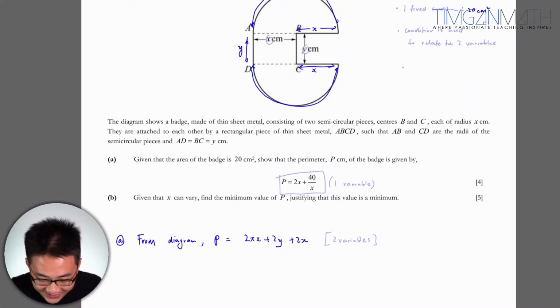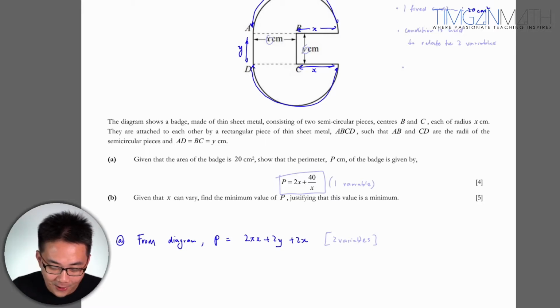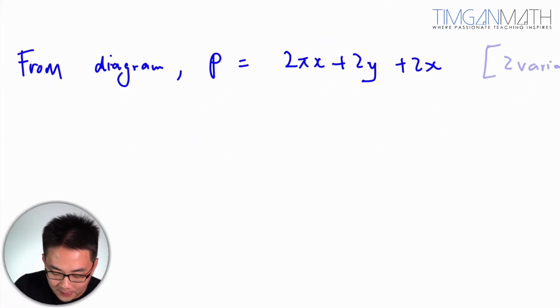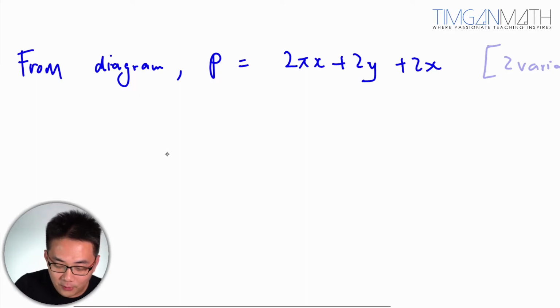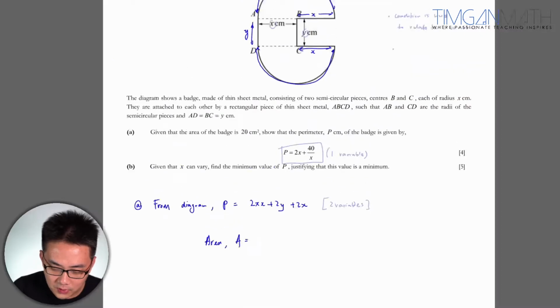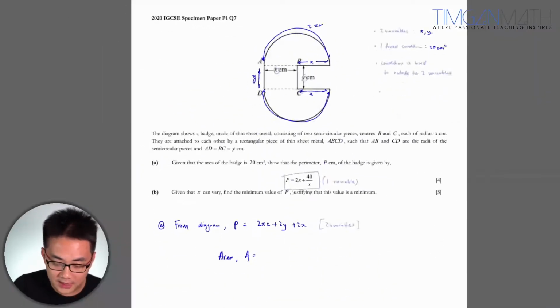The area, on the other hand, from this diagram, is the area of a circle plus this rectangular shape.